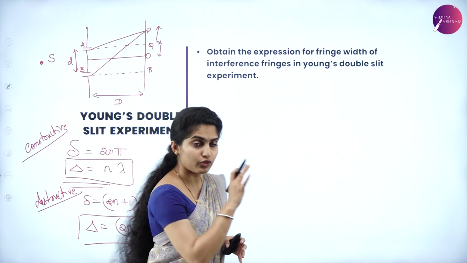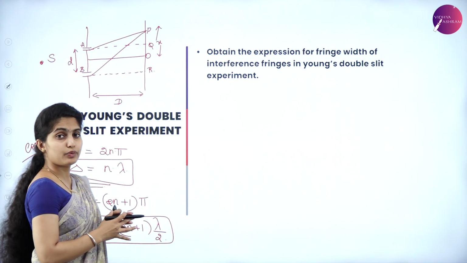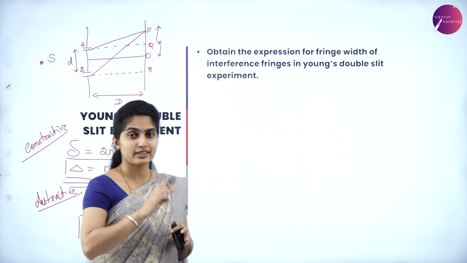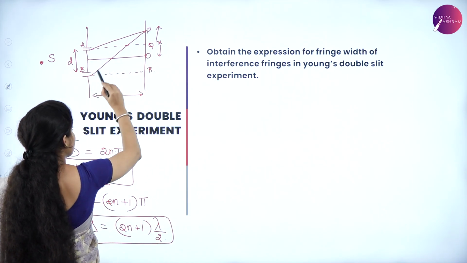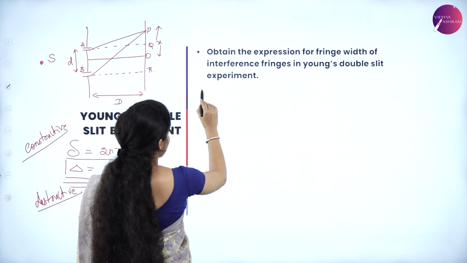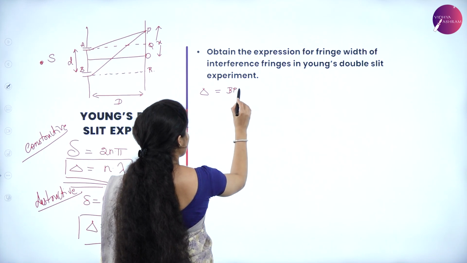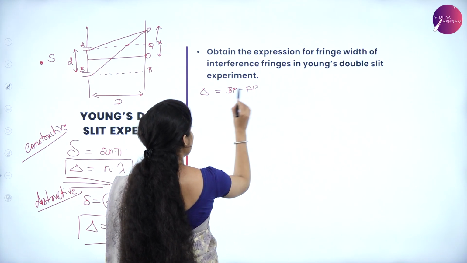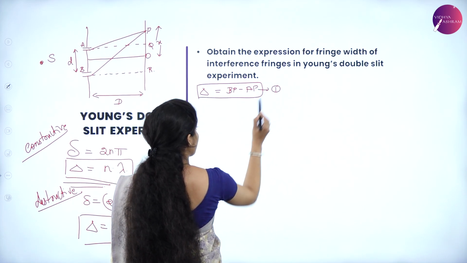We know that the path difference between the two coherent sources and the point, these two being the coherent sources and this being the point, is given by delta equal to BP minus AP. Consider this as equation 1.